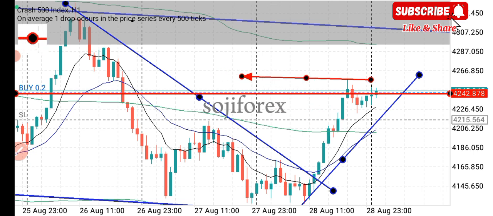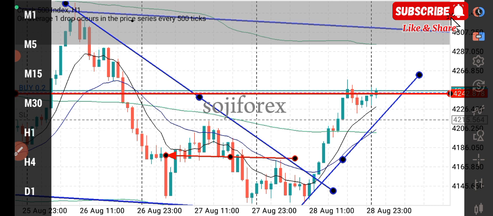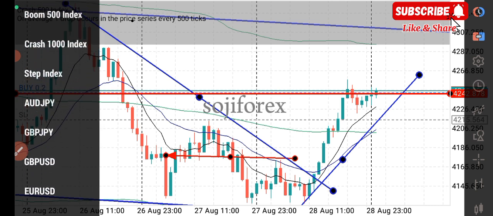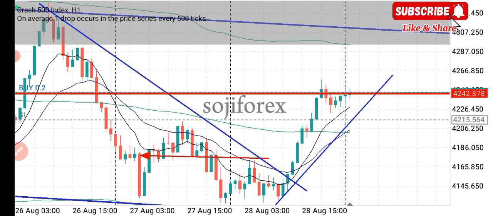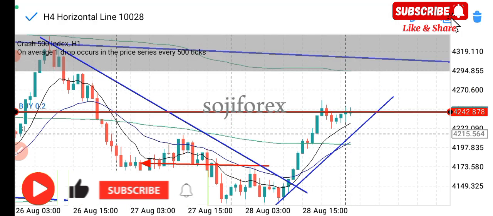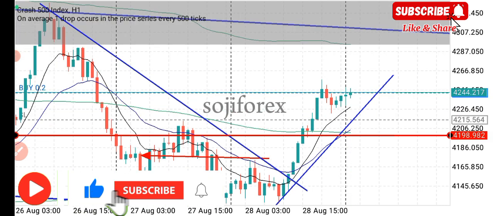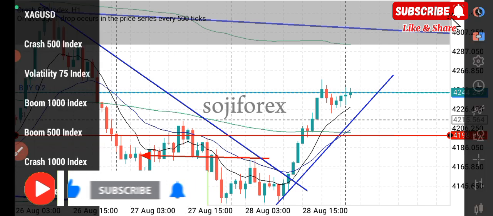So in the subsequent video, I'll be sharing how you can use your bullish and bearish flag pattern to find a continuation trade. We are looking for just continuation. Okay, so this is how this thing works, and this is how you can take advantage of this in making your trade entry.